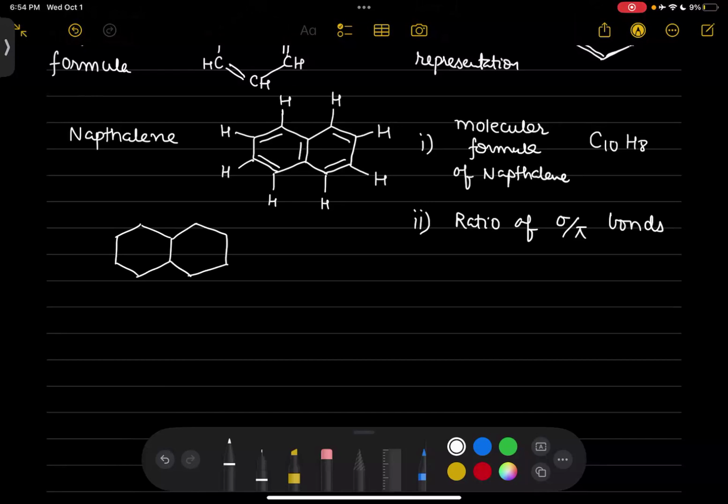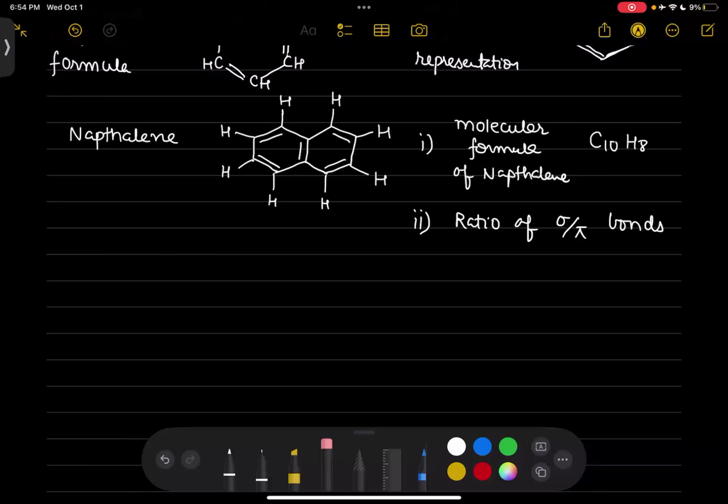What mistake have you made? You might have forgotten to count the hydrogen. This is the common mistake which happens with each and every student the first time they try to figure this out. So the lesson learned: don't forget the hydrogen atoms. They are also sigma bonds, right?